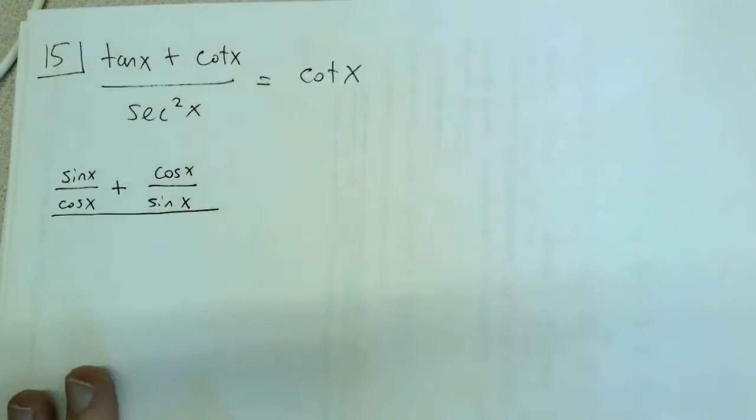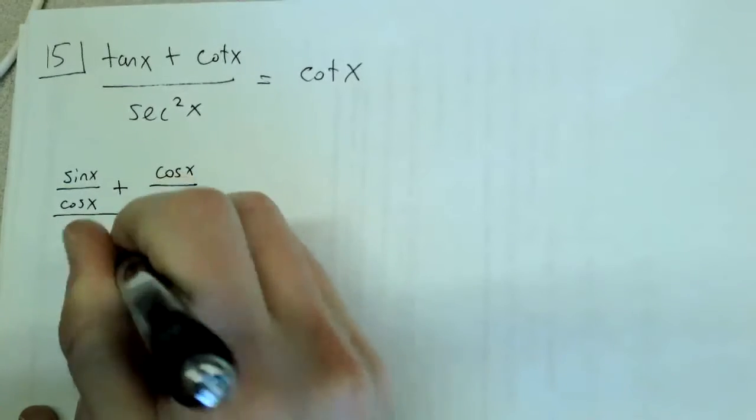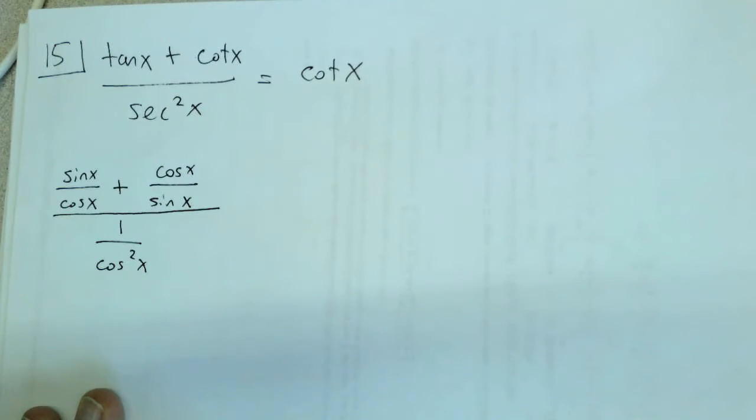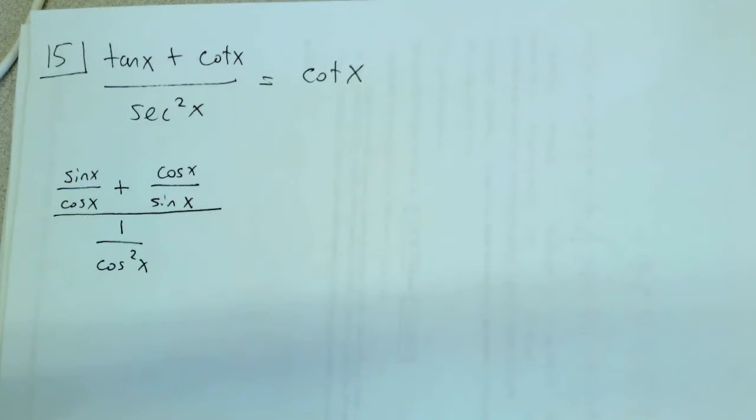Now, secant squared. What's secant in terms of sine and cosine? Secant is 1 over cosine, right? But of course, this is secant squared. So secant squared is 1 over cosine squared. Is that okay, guys? So we've converted everything to sines and cosines, as the hint suggested.